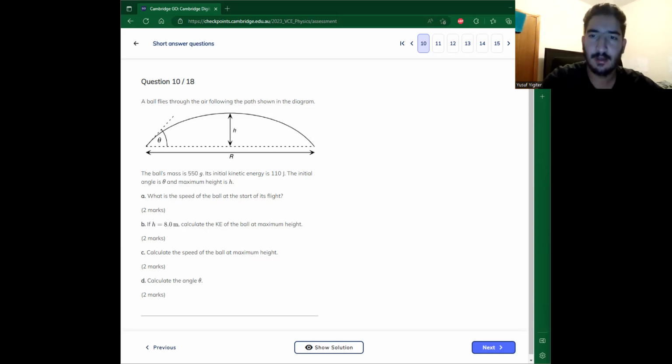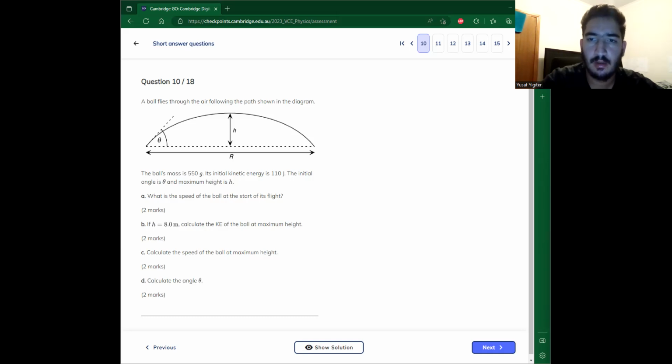Okay, so conservation of energy. There is no mgh at the start, it's just kinetic. So E_K initial equals mgh plus E_K. There has to be a better way of writing this.